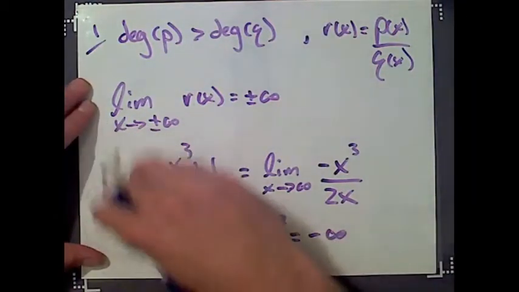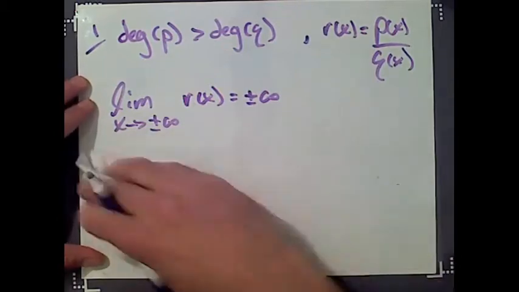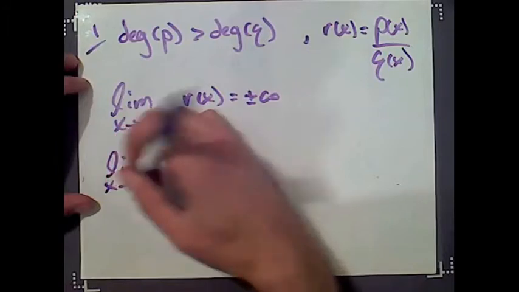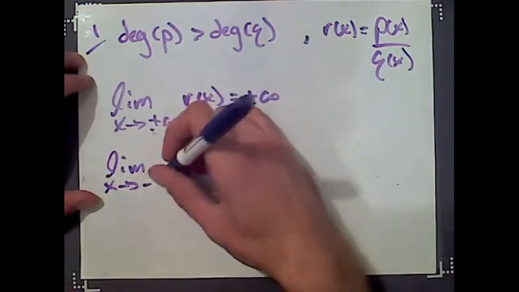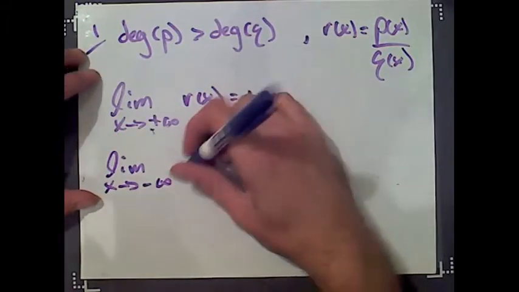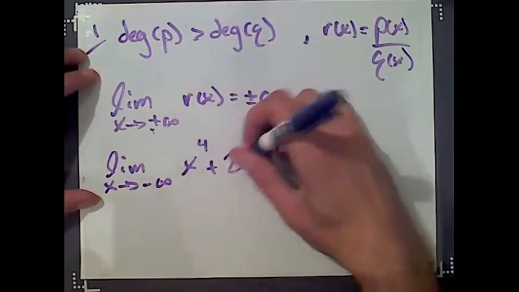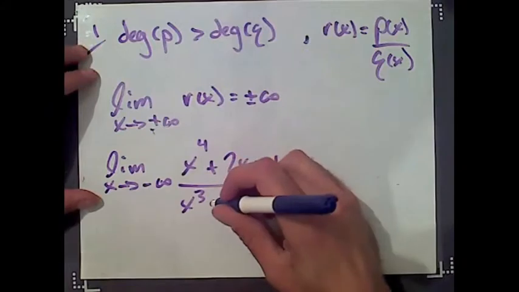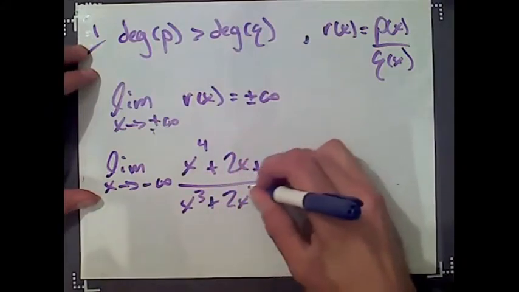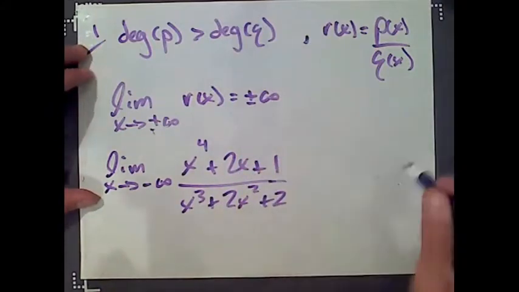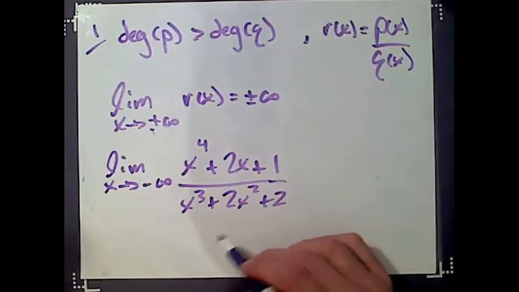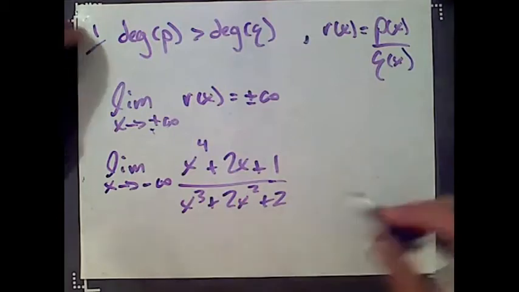Let me do one more example. Take the limit as x goes to negative infinity of x to the power of 4 plus 2x plus 1 divided by x cubed plus 2x squared plus 2. Here again, the degree of the polynomial on top is 4 and the degree on the bottom is 3.